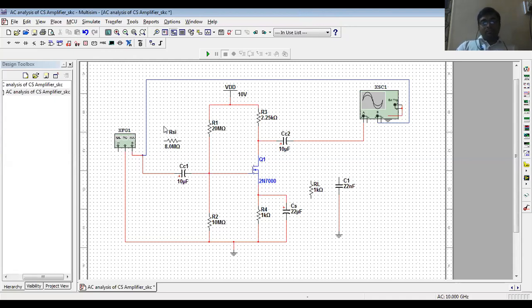We have already seen the procedure of drawing this diagram in the first experiment, so I am not going to repeat it. As per our circuit diagram, we have connected all the resistors R1, R2, R3, R4, VDD, the input coupling capacitor 10 microfarad, output coupling capacitor 10 microfarad, and bypass capacitors 22 microfarad and 100 microfarad.